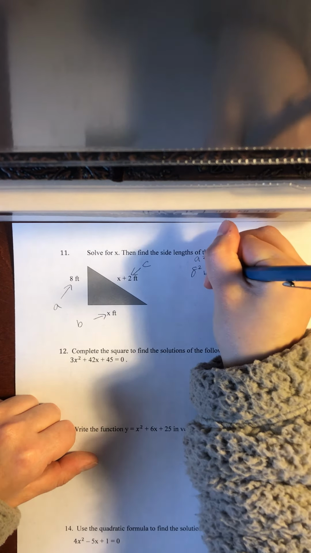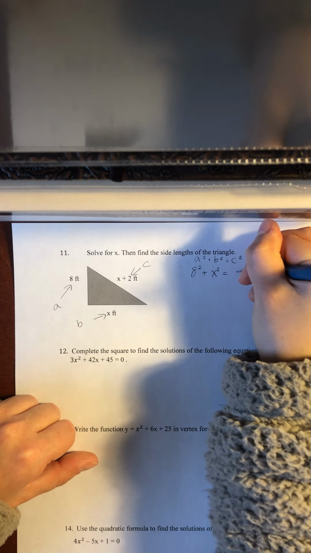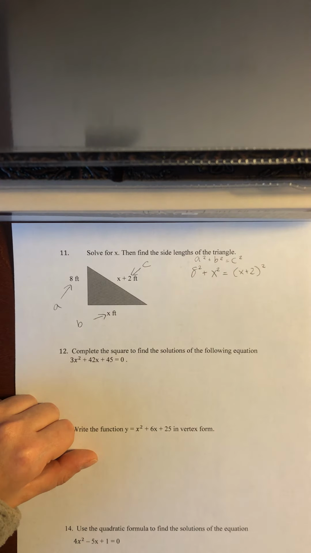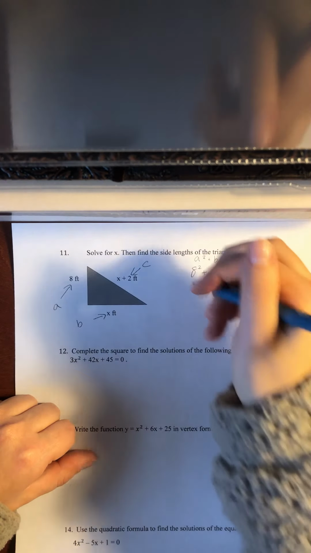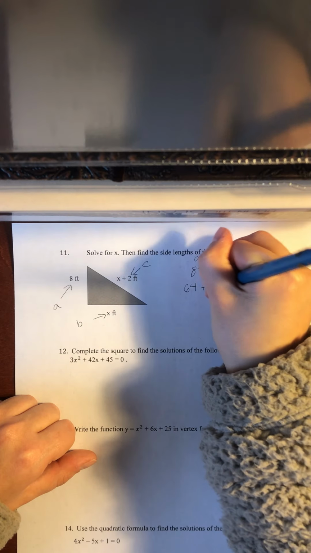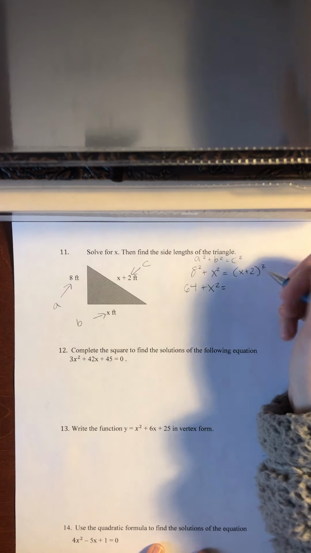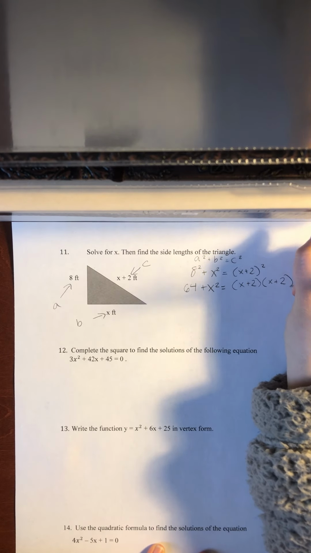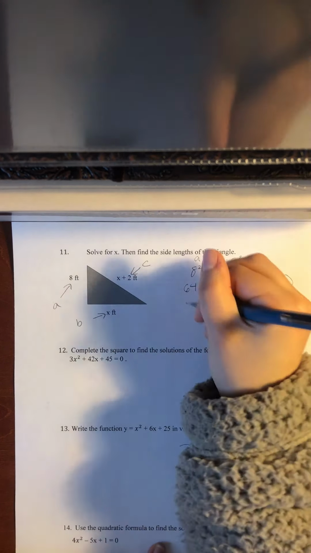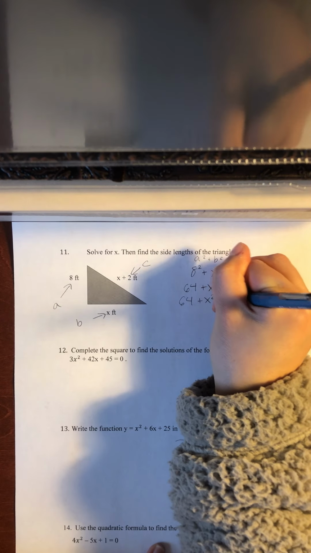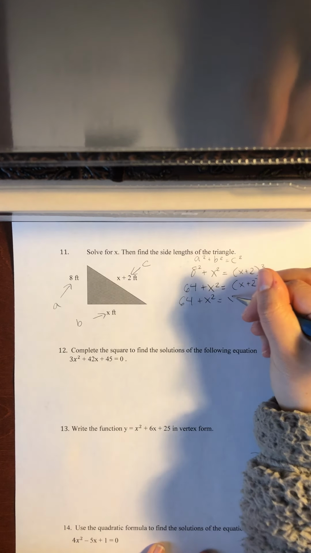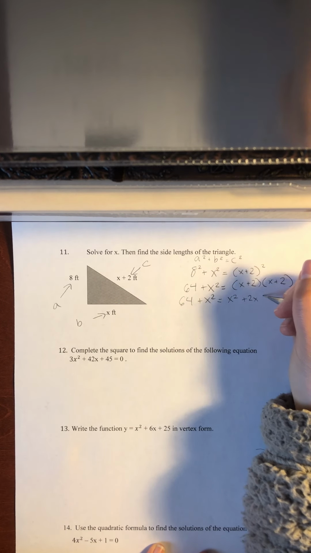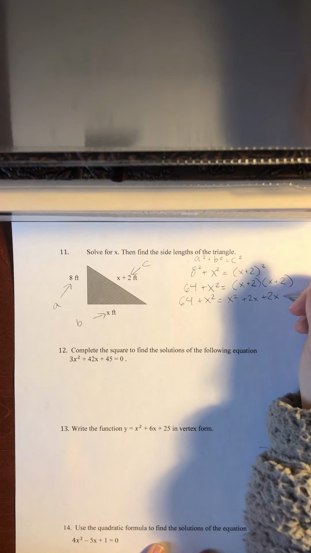So now it's 8 squared plus x squared equals x plus 2 squared. Well, 8 squared is 64 plus x squared equals, this we have to FOIL out, we have to expand it, and then we have to FOIL to figure out what that is. So now we have 64 plus x squared equals x squared plus 2x plus 2x plus 4.